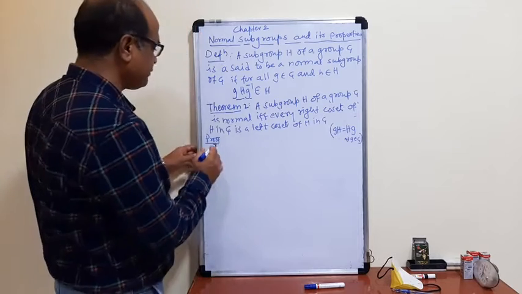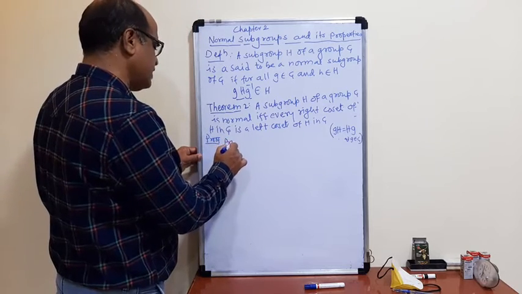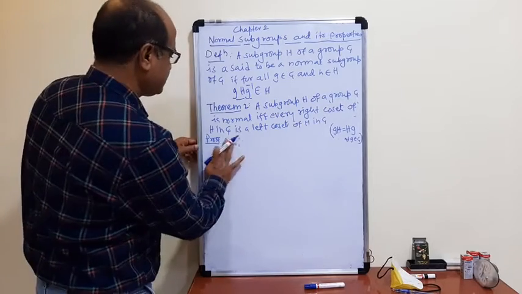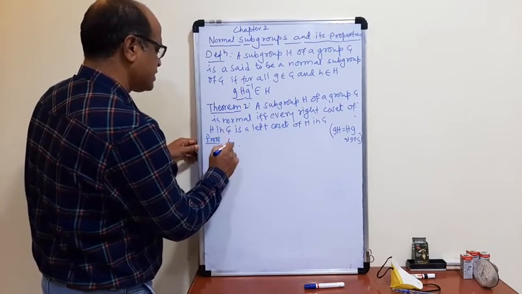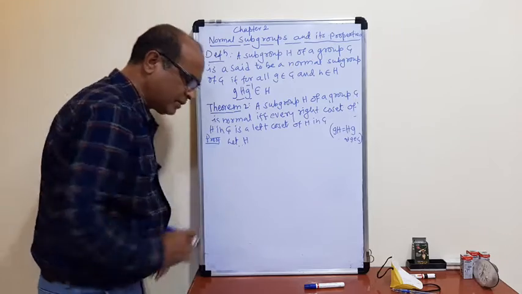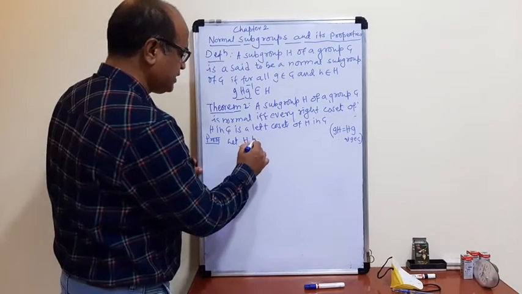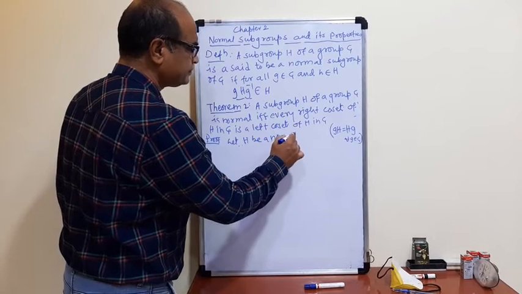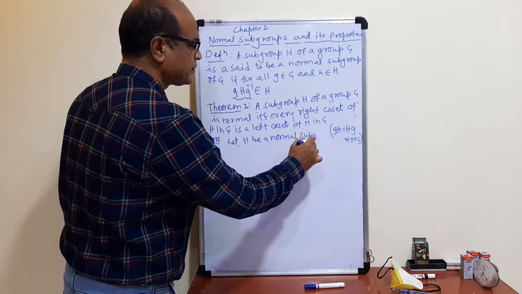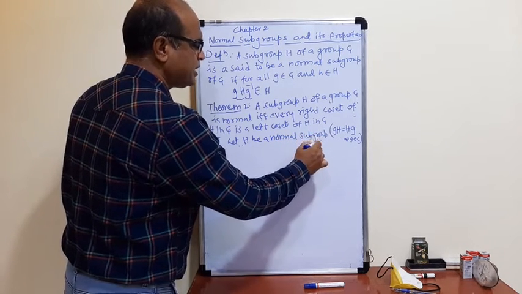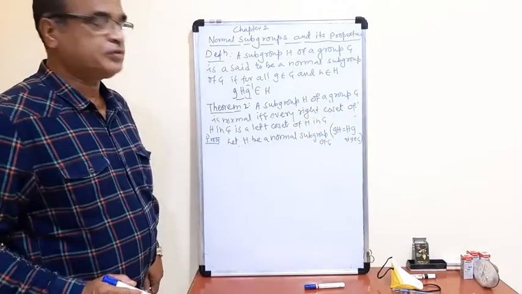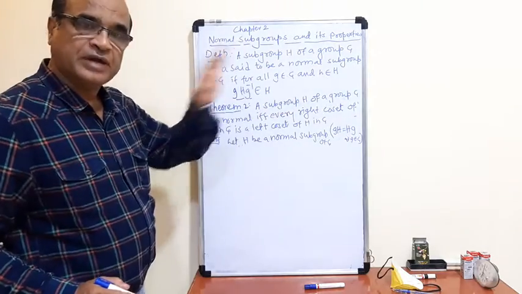Okay, proof. So what is given here? Let H be a normal subgroup of G. Then we prove that gH is equal to Hg, meaning left coset is equal to right coset.